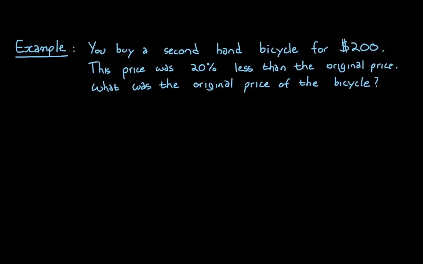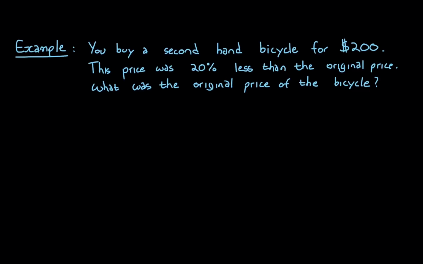Now I'm going to look at a final example just to finish this all off. This example says you buy a second-hand bicycle for $200. This price is 20% less than the original price. What was the original price of the bicycle?